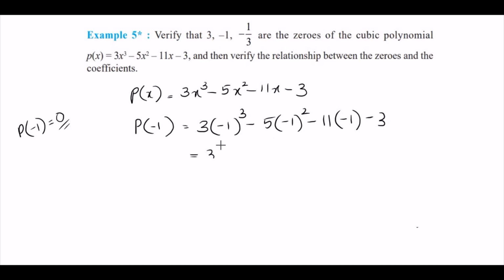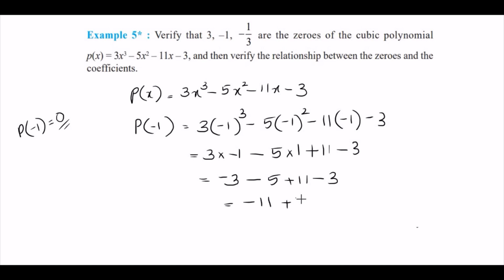So you get 3 into negative 1 odd times, so it is into minus 1, minus 5 into negative 1 even times, so it is 1, minus 11 into minus 1 is plus 11, minus 3. So you get negative 3 minus 5 plus 11 minus 3. So sum all these negative terms, that is 5 plus 3 is 8, 8 plus 3 is 11. So negative 11 plus 11, that is equal to 0. So negative 1 is a zero of this polynomial.